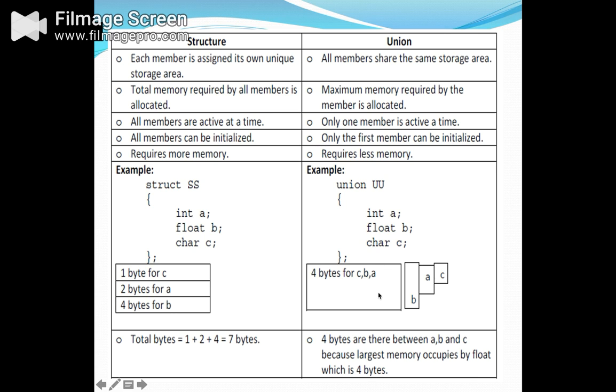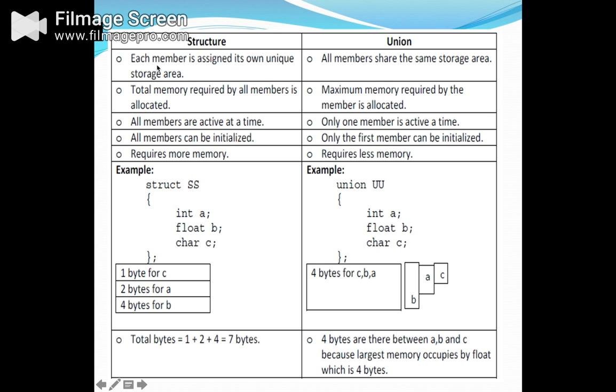The space provided in a union is common to all the members, but in a structure it is the sum of the memory requirements of all the members.